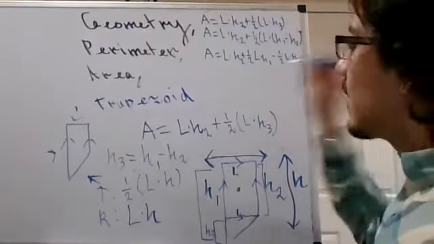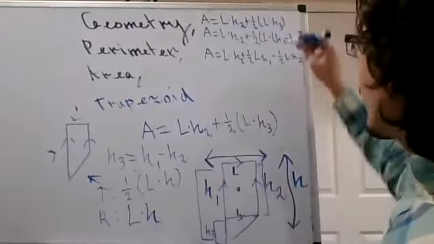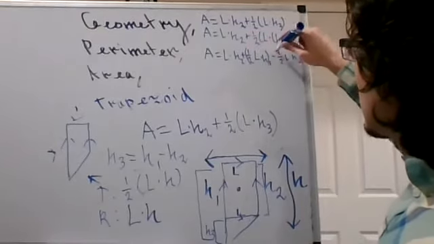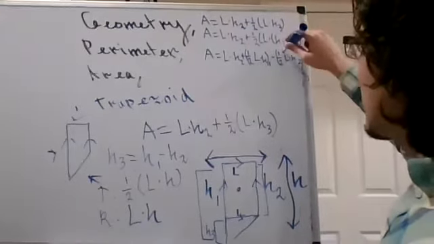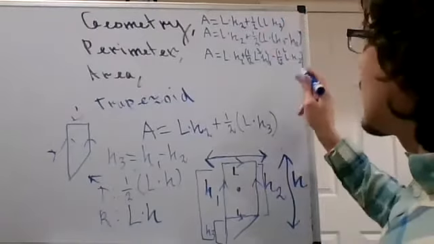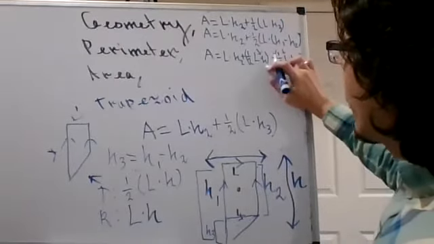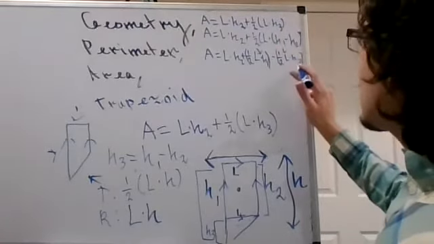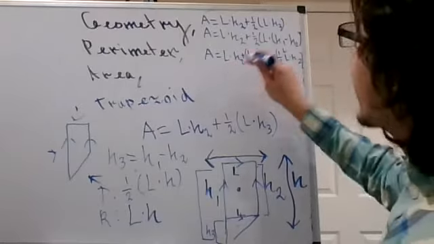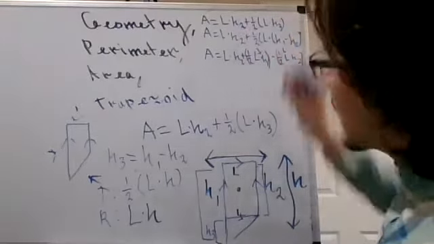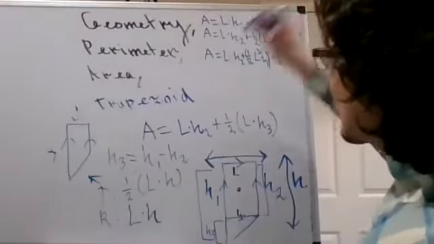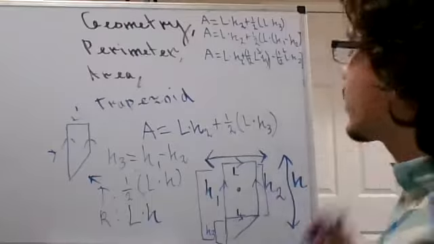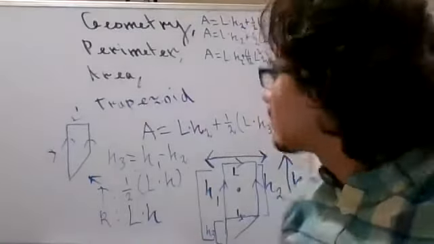Now, if you remember like terms, it says that we cannot subtract this from this, because they are different variables because of the heights. But because this uses length and height 2, and this uses length and height 2, we can subtract this from this. So since this is 1 times length times height 2, and this is 1/2 length times height 2, what's 1 minus 1/2?